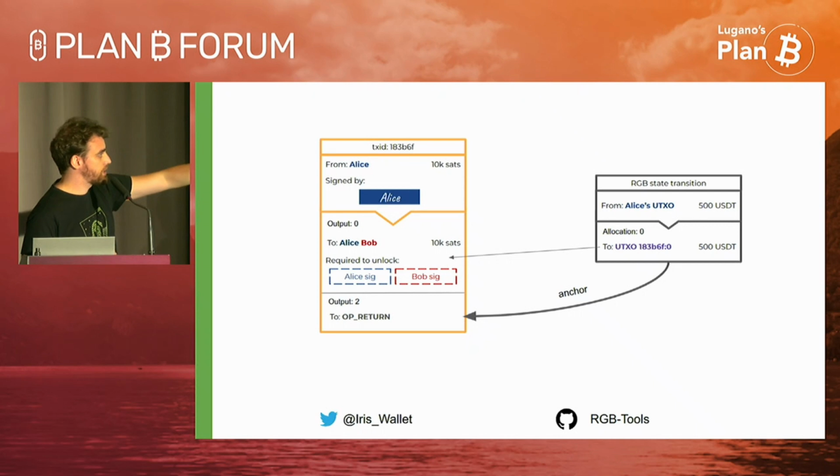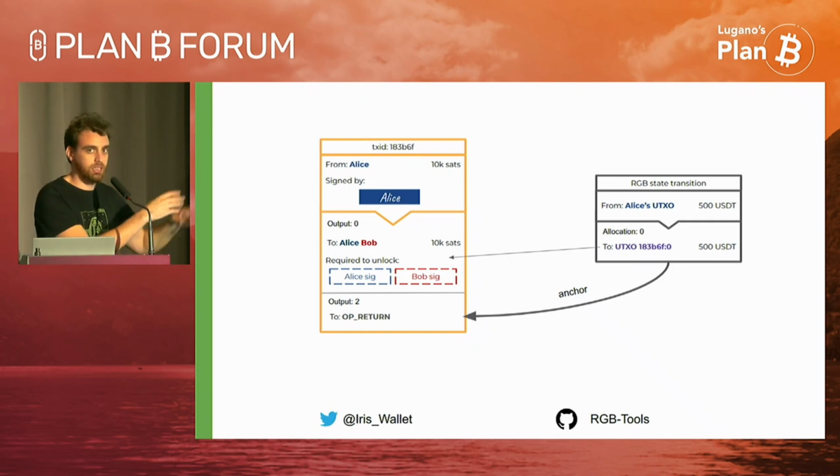And then all of this is anchored in an op-return output that contains the hash of the state transition, but in reality you have a bunch of Merkle trees in the middle. But essentially it's a hash of the state transition.